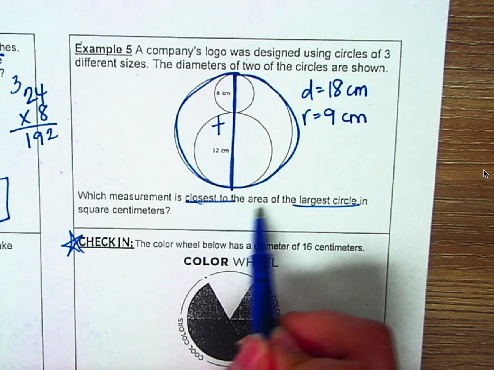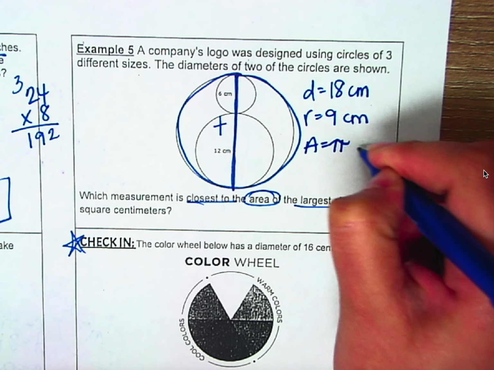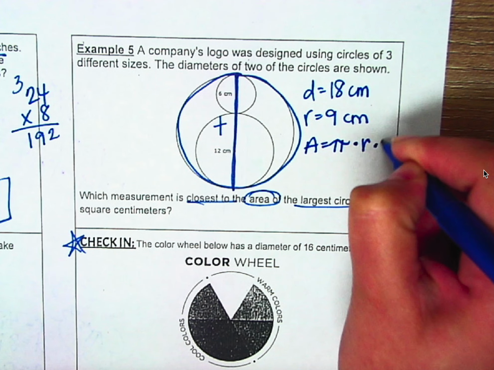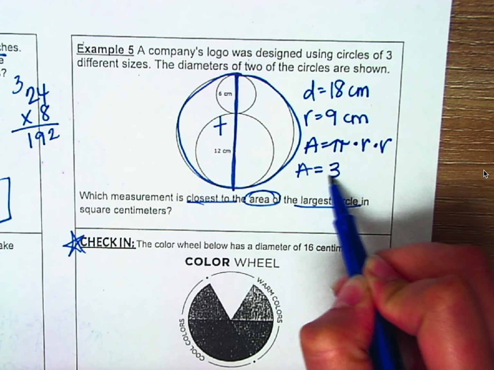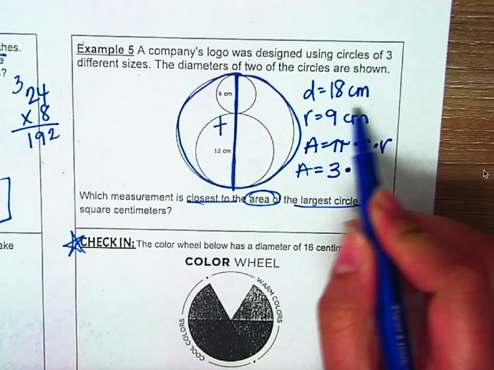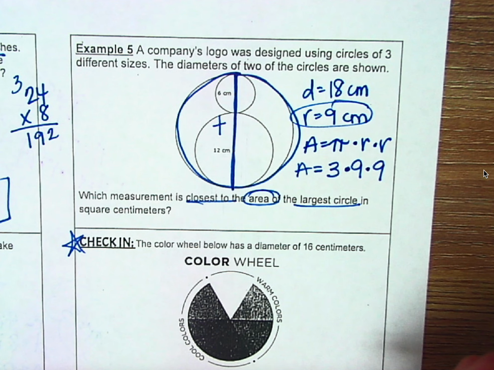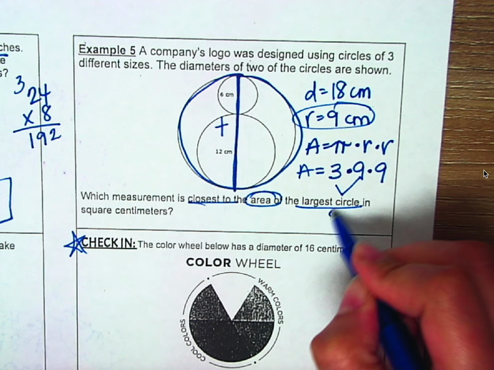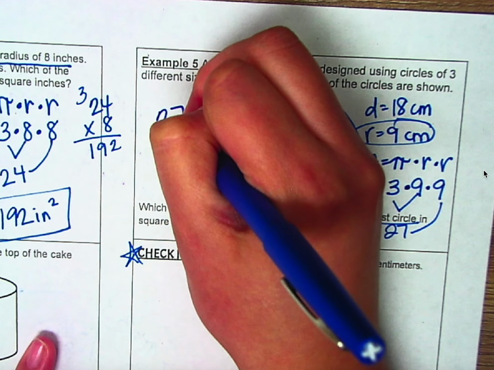Okay. It's asking for the area. So I'm going to write down my formula. Pi times r times r. Now I get to plug in my numbers. Pi is equal to 3. My radius is right here. It's 9. And I'm going to write the radius again. So 3 times 9 is 27. And then times 9. I'm going to do the math on this side.